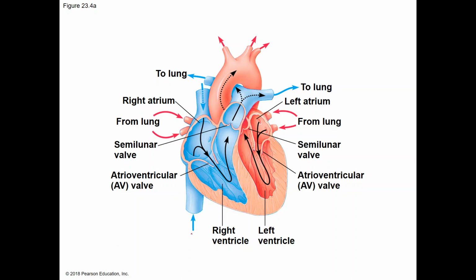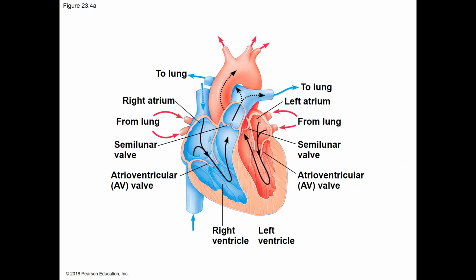As I mentioned in a previous slide, the blood flows into the heart from the head and body blood vessels through the vena cava, the superior vena cava at the top of the heart, the inferior vena cava at the bottom, into the right atrium, and it's pumped into the right ventricle.